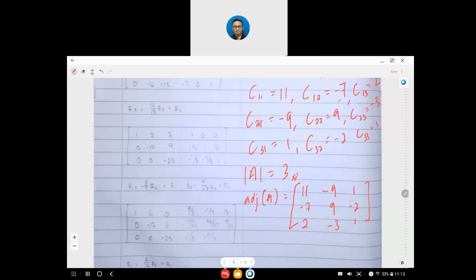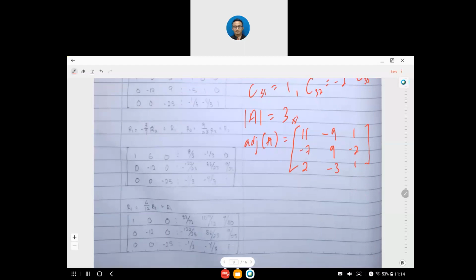To find the inverse, A inverse you can get by 1 over determinant, 1 over 3, times 11, negative 9, 1, negative 7, 9, negative 2, 2, negative 3, 1.